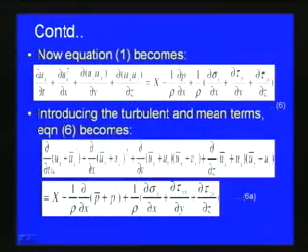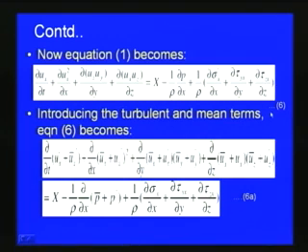So, we introduce the turbulent and mean terms, so that equation 6 becomes del by del t of u x dash plus u x bar, plus del by del x of u x bar plus u x dash square, plus del by del y of u x bar plus u x dash into u y bar plus u y dash, plus del by del z of u x bar plus u x dash into u z bar plus u z dash, is equal to X minus 1 by rho del by del x of p bar plus p dash, plus 1 by rho del sigma x dash by del x plus del tau y x by del y plus del tau z x by del z.